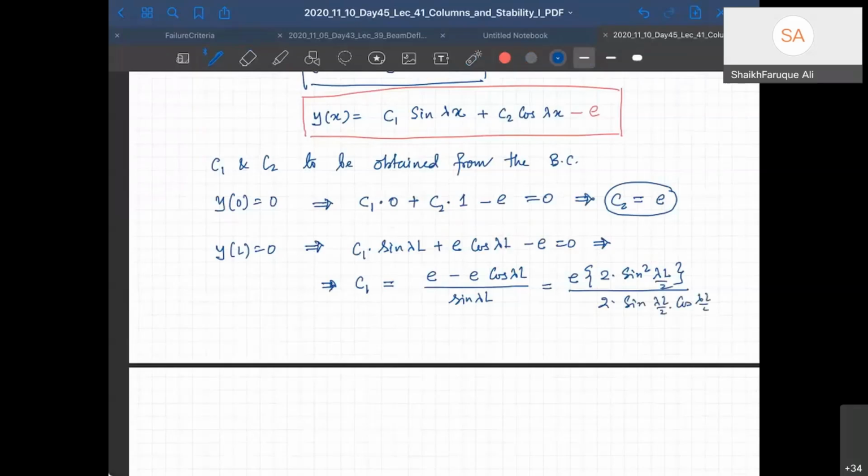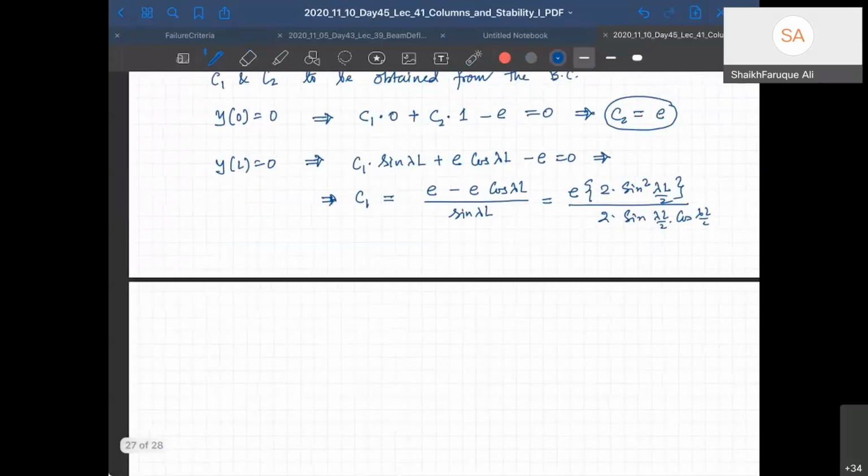There will be a 2 here, yeah. So now I can cancel each other and write C1 in a very nice way: C1 is going to be equal to E tan lambda L by 2, right? These two cancel, square and sine cancel. So sine by cos is tan lambda L by 2, right? It's correct. So C1, I can write it as this.